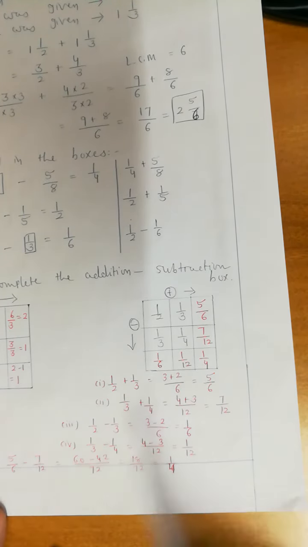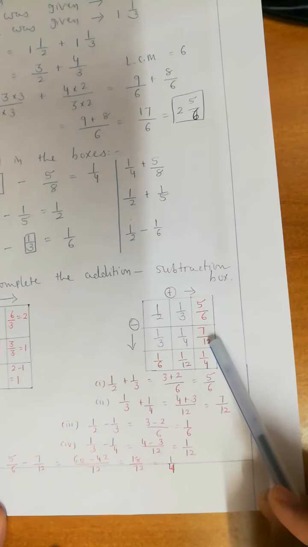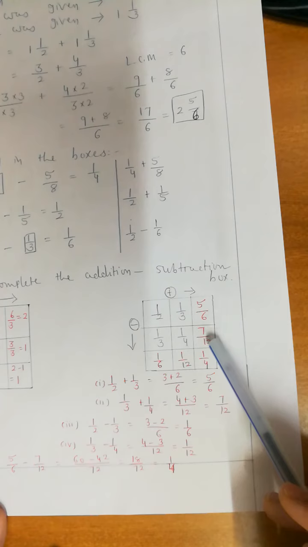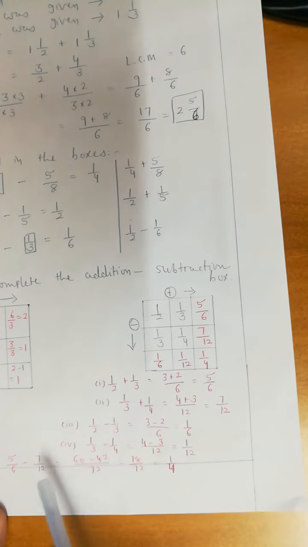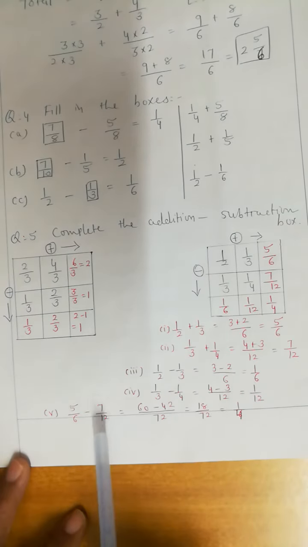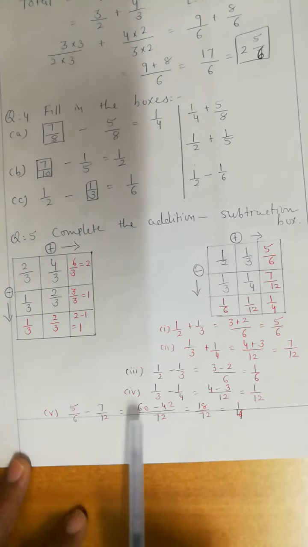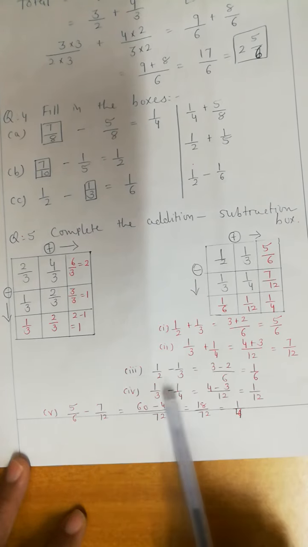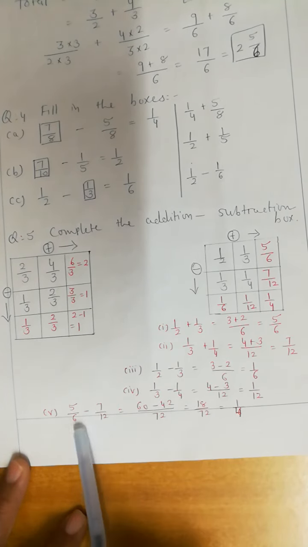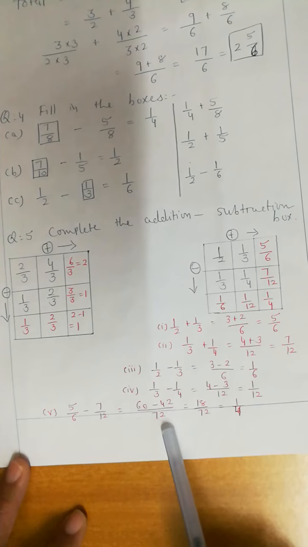Now here 5 upon 6 and 7 upon 12 is given. 5 upon 6 minus 7 upon 12. Now do the cross multiplication. 12 5s are 60. 6 7s are 42 upon 6 into 12, 72.